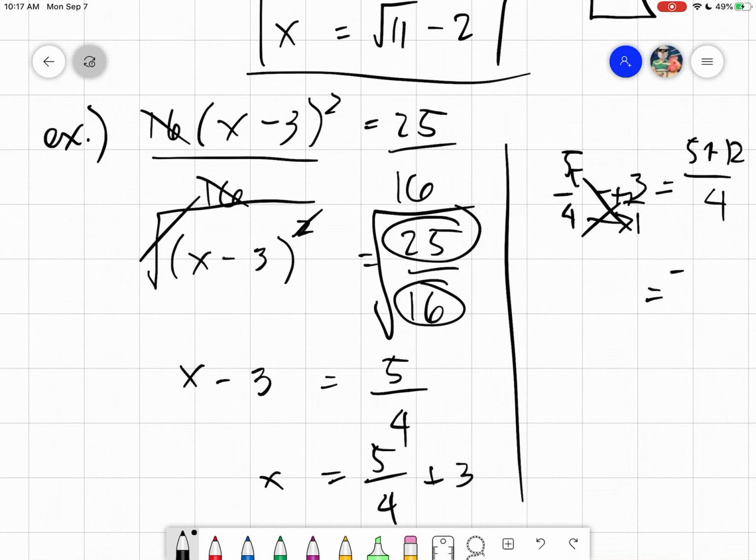This becomes plus. Okay, so the answer here is just simply, kasi nag-transpose ka, so it becomes plus, 17 over 4. And that is the value of your x.